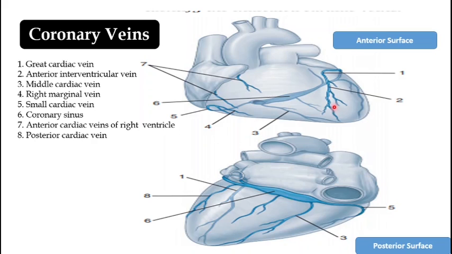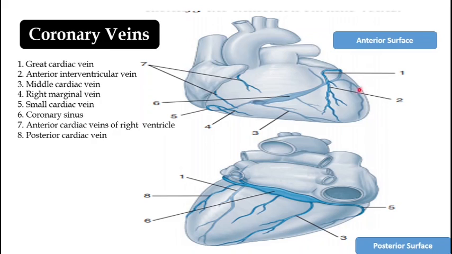So this is the anterior cardiac vein, which is present on the anterior surface of the heart, and this vein starts from the apex of the heart.